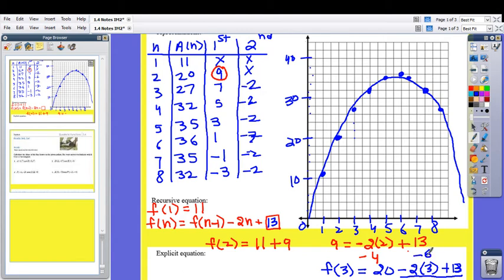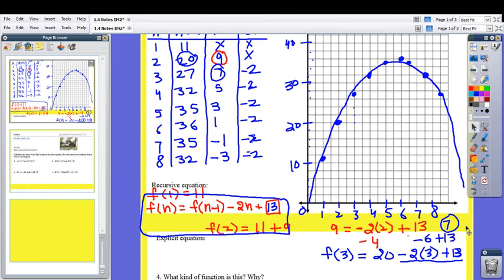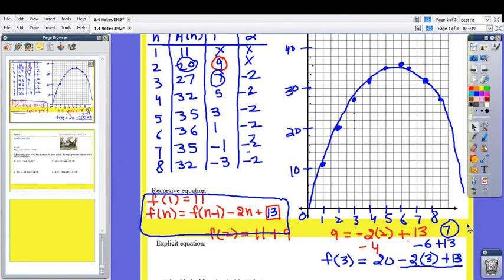This is negative 6, this is 13, and it's 7, and we are adding 7 to 20 to get 27, so it makes sense. So this is our recursive formula that we checked also. Okay. Now let's find out its explicit equation.